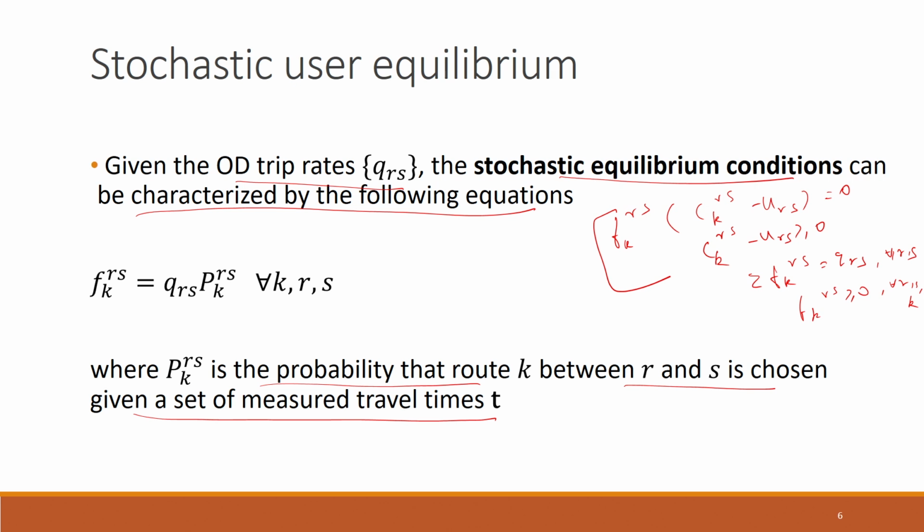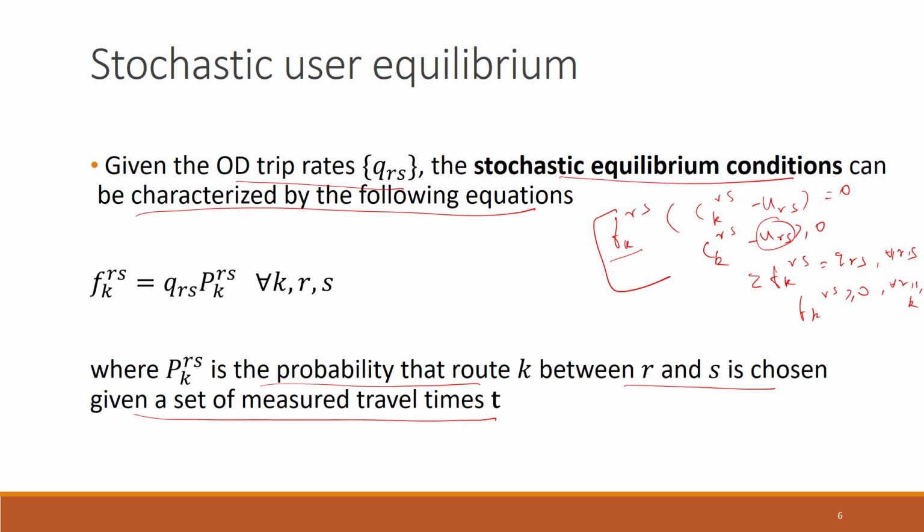So mainly these two conditions are the important part of the user equilibrium condition. That is, we were saying that for every origin destination pair rs, we will have two sets of paths: one set of paths will be used and the other ones will be unused. The used paths will be such that the travel time on those used paths will be equal, and it will be equal to the minimum travel time on any path connecting r to s, which will be u_rs.